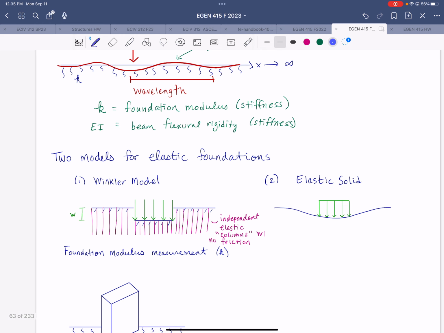So if we consider this model, and here's a load, the stress distribution in response to that would be a normal uniform stress distribution.